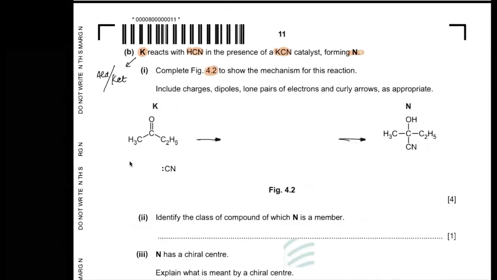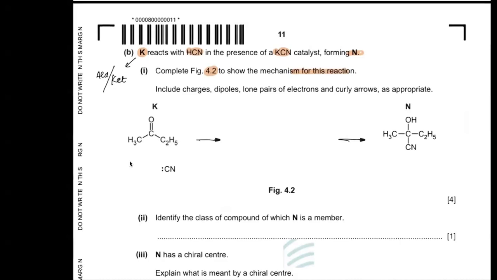Complete figure 4.2 to show the mechanism for this reaction. Okay, so if you recall, it got the negative charge. This one is partial positive, this one is partial negative. The lone pair attacks this carbon and this bond breaks easily, forming the intermediate.